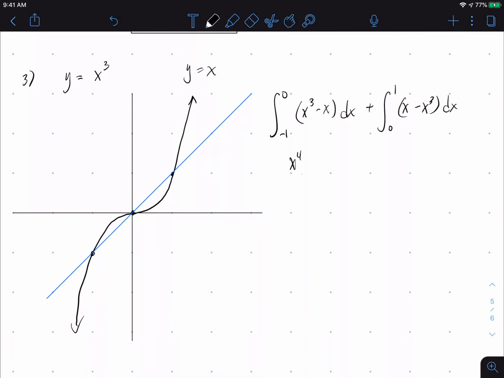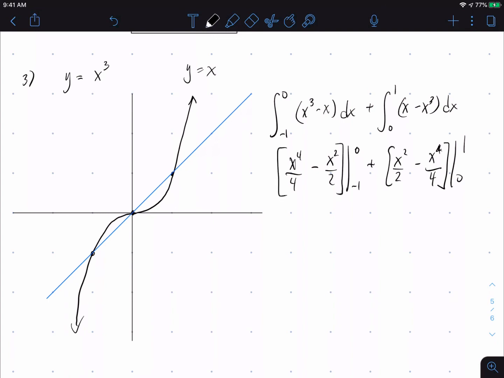So I'm going to get x to the 4th over 4 minus x squared over 2 evaluated from -1 to 0 plus x squared over 2 minus x to the 4th over 4 evaluated from 0 to 1.